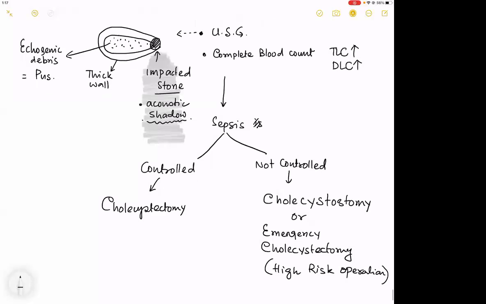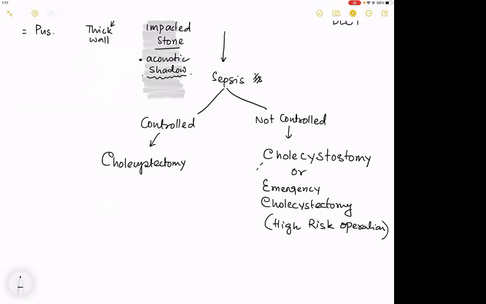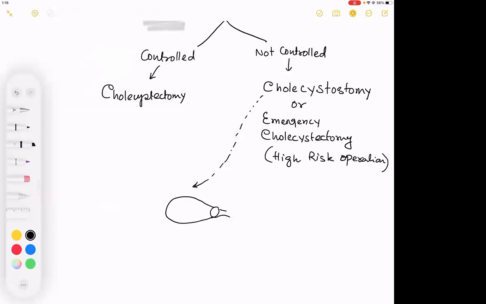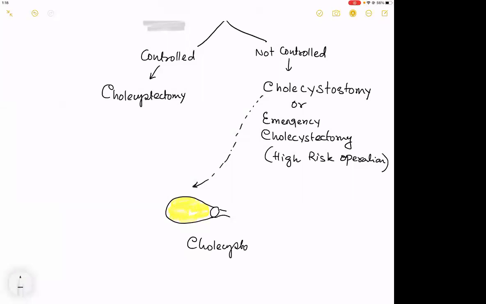The word cholecystostomy means, if this is a gallbladder with the stone and the gallbladder is filled up with pus like this, cholecystostomy technically means to put in a pigtail catheter.